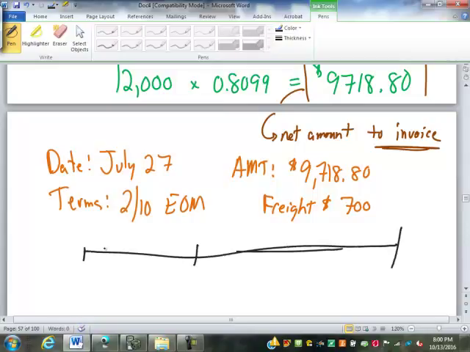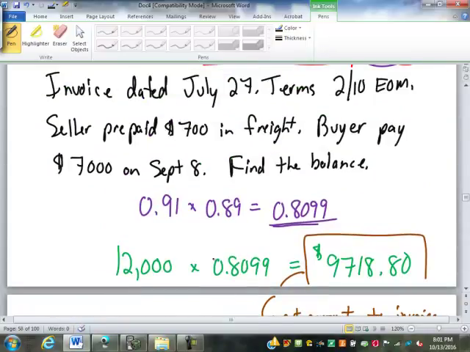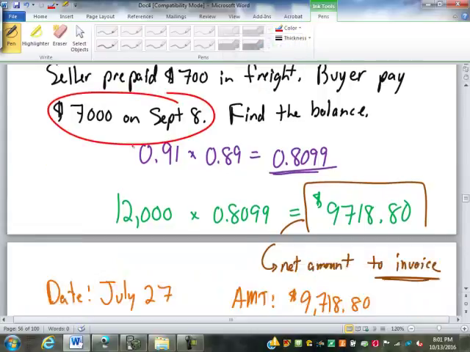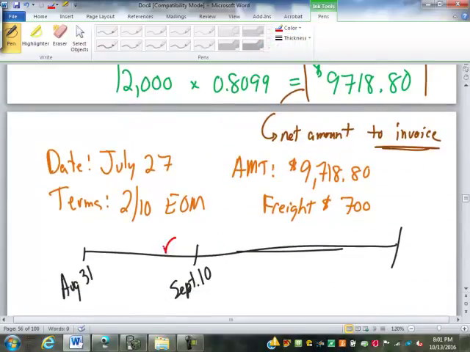My timeline is not going to start on July 27th. It's going to start on August 31st. So this goes to September 10th, which means their payment on September 8th of $7,000 is going to get some credit.